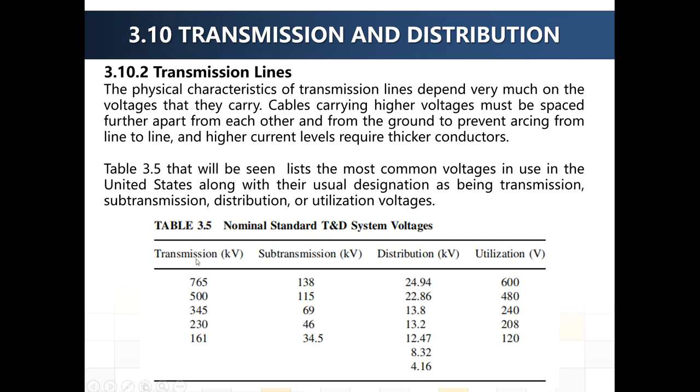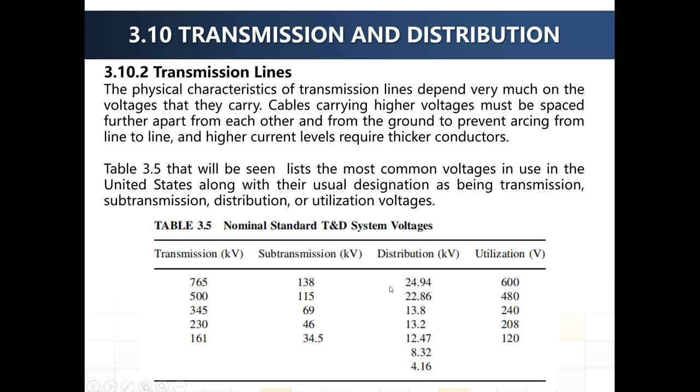For transmission, the voltage levels are 765, 500, 345, 230, and 161. Sub-transmission includes 138, 115, 69, 46, and 34.5.